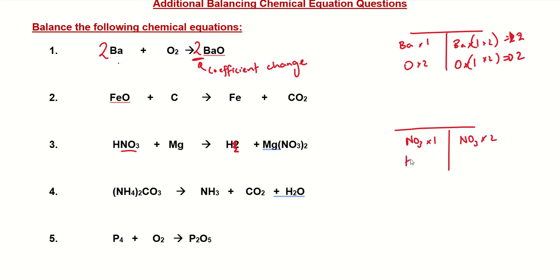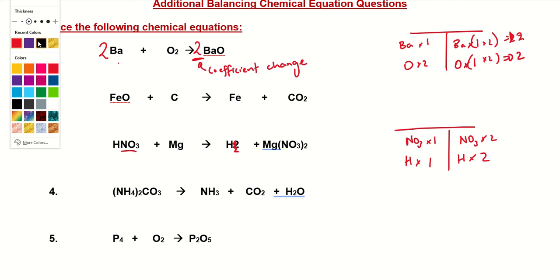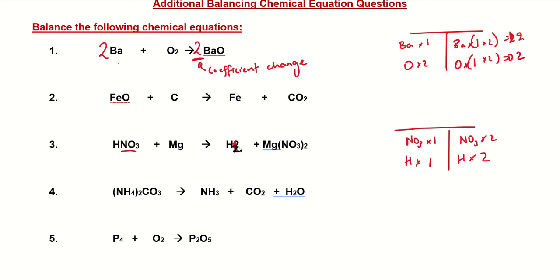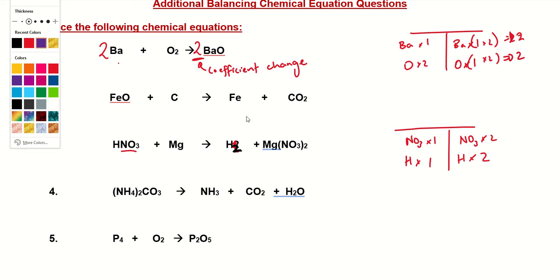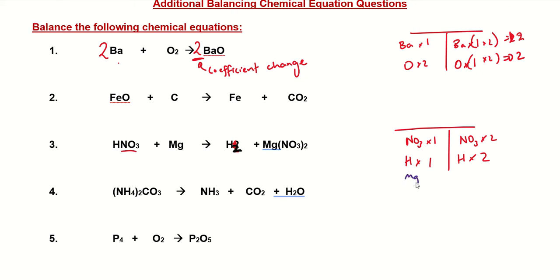We have 1 hydrogen, we have 2 hydrogens. I should probably have that in a different color, shouldn't I? So 2. Okay. We have 1 magnesium and we have 1 magnesium.